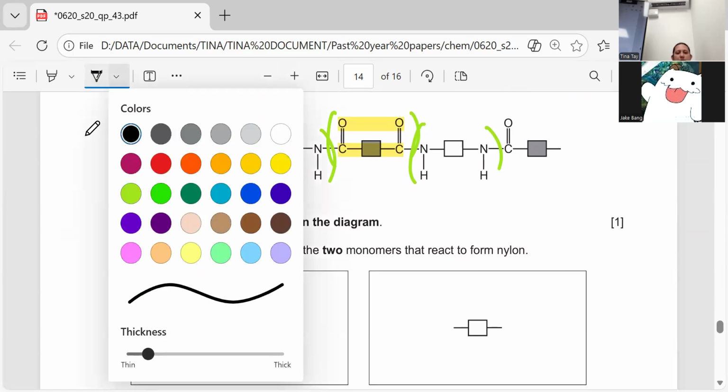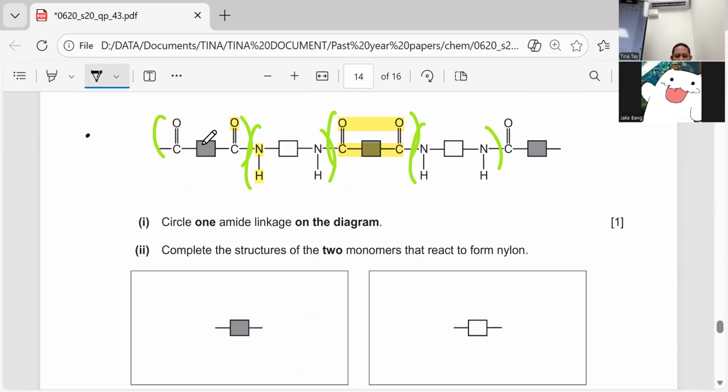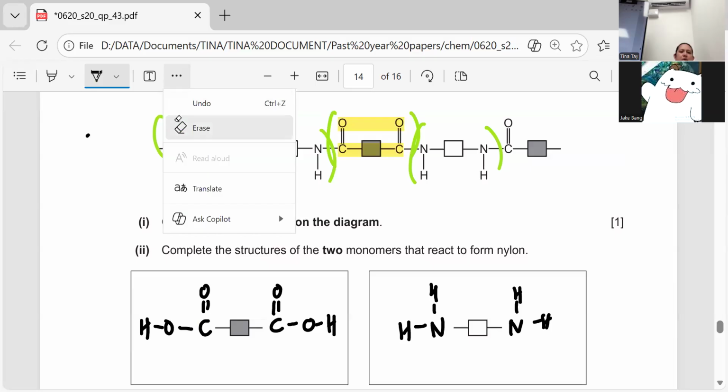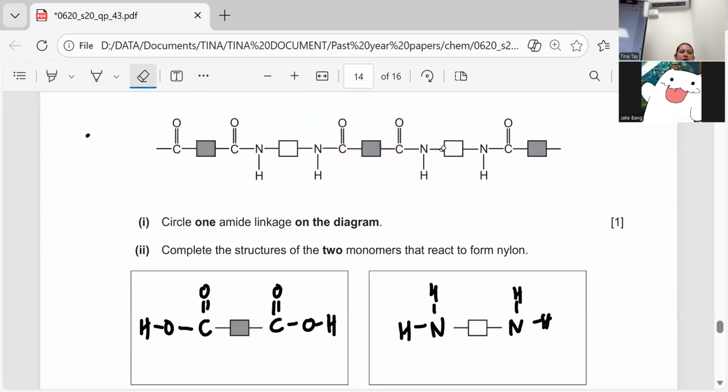The one that's shaded is COOH, originally an acid, and then this one is NH2, originally amino. Don't forget this part.